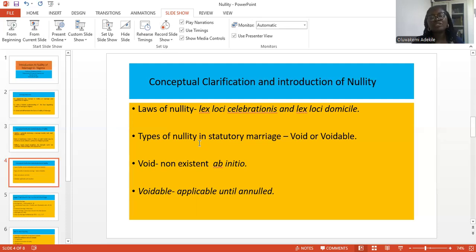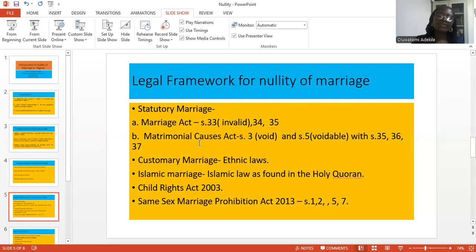When you talk about a voidable marriage, you are talking about the fact that the marriage existed at a point in time, but as at the point where it is annulled by the court, it no longer exists. And the differences between the two are very clear.